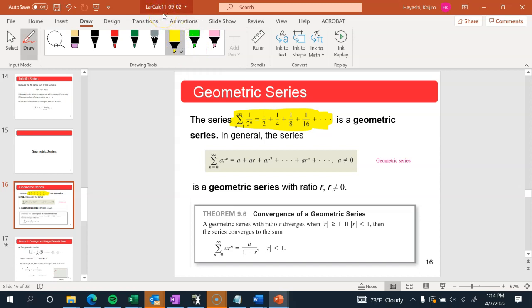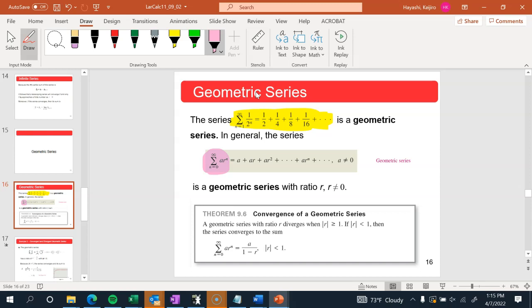Any series where this happens, each term that you're adding on being a particular ratio to the previous term, is a geometric series, and it can be written this way. The infinite sum from n equals 0. It doesn't have to start at n equals 0.